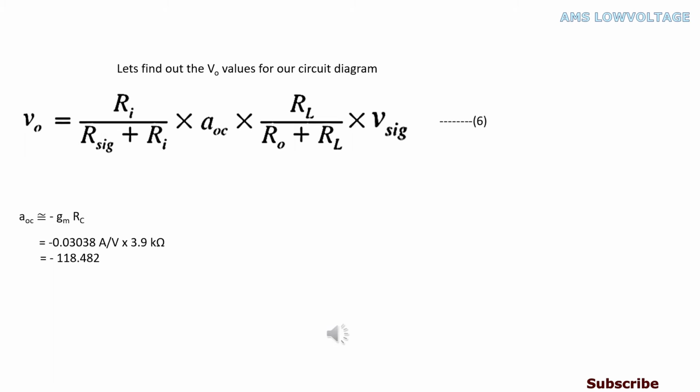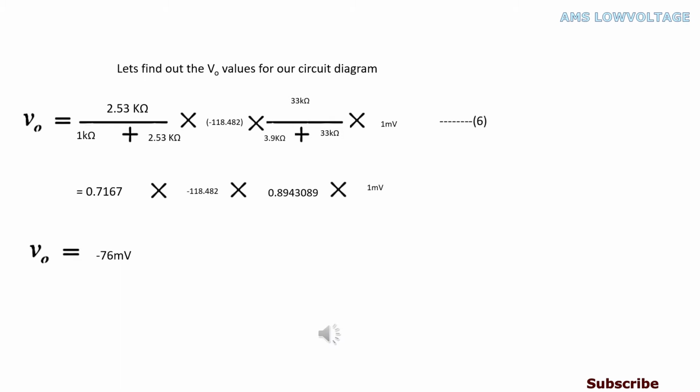Now, we can get the value of open circuit gain AOC is approximately minus 118.482. Finally, we've found, for 1 millivolt of input, the output voltage with the load of 33 kilo ohms, Vo is equal to minus 76 millivolts. We can say, for 10 millivolts at the input, we will be able to get minus 760 millivolts at the output. That's pretty good.